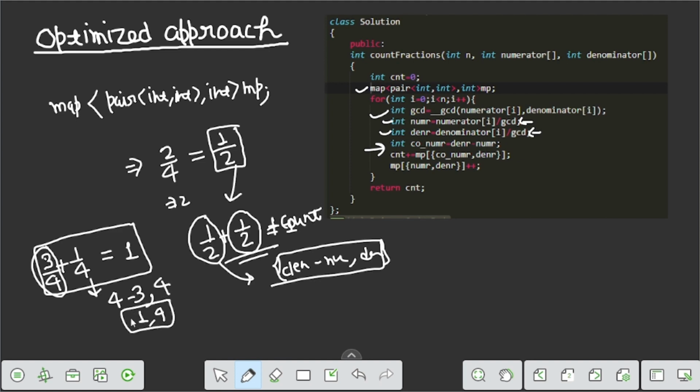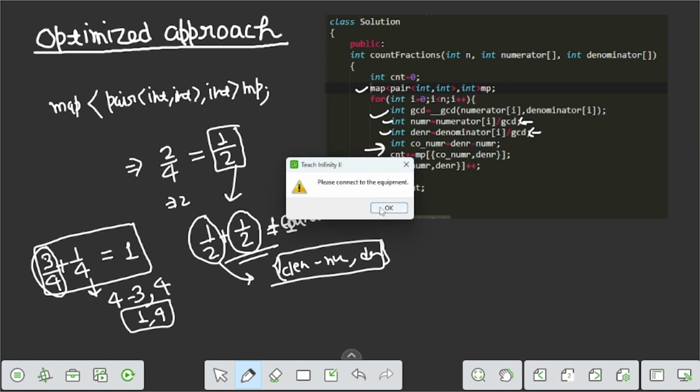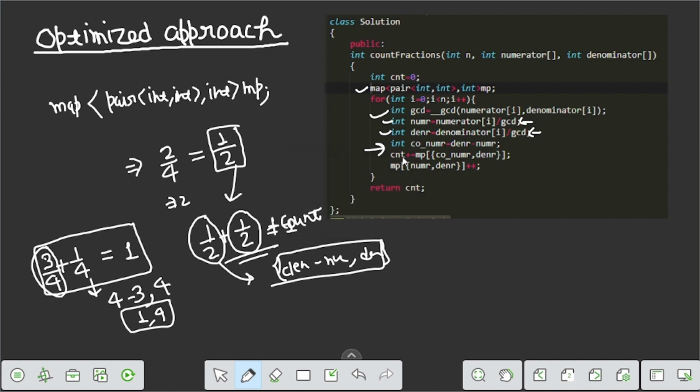So we calculate the co-numerator, denominator minus numerator, and we look for 1 by 4, and count plus the map of co-numerator and denominator.